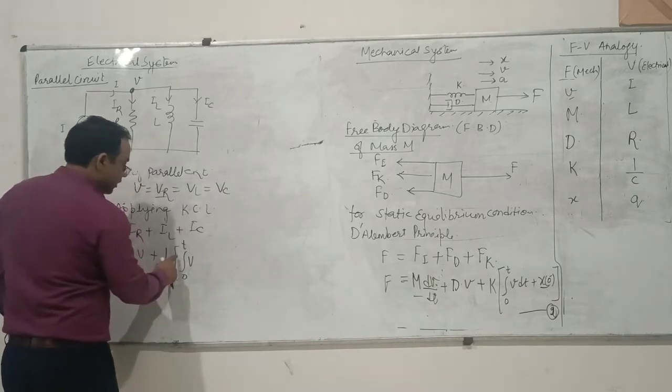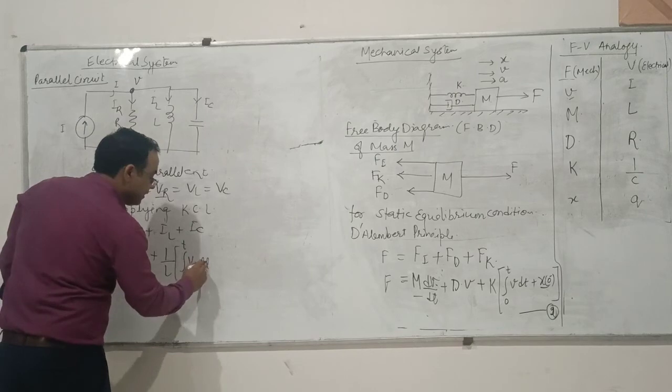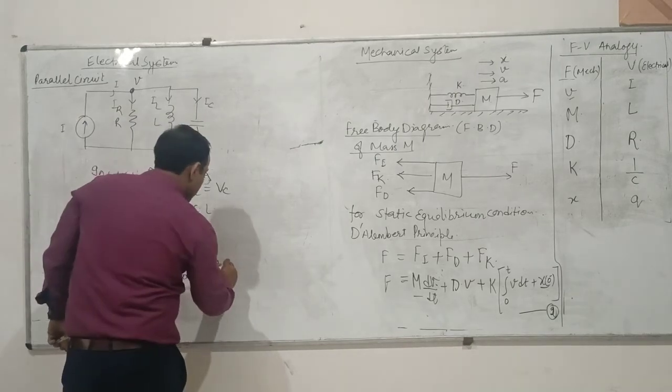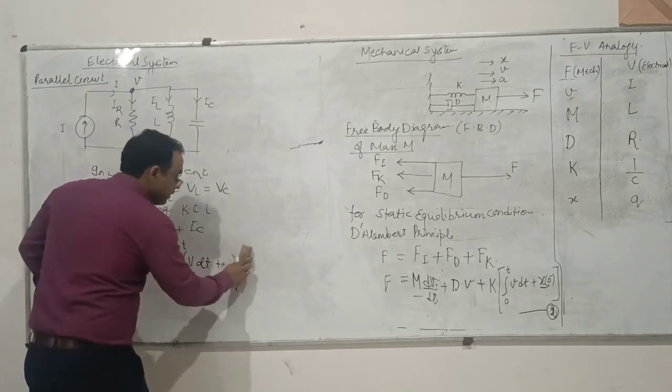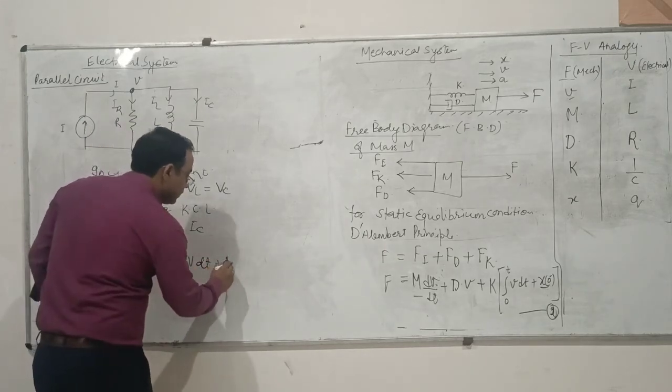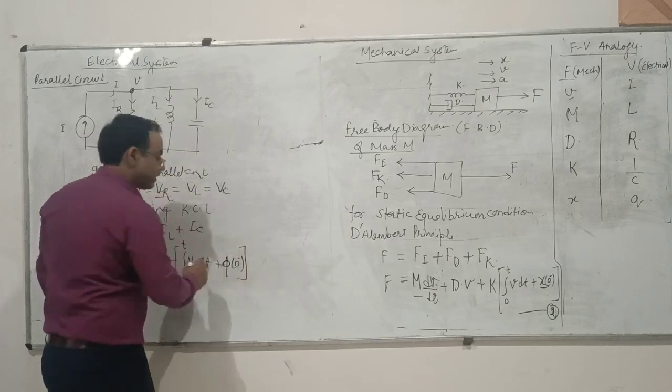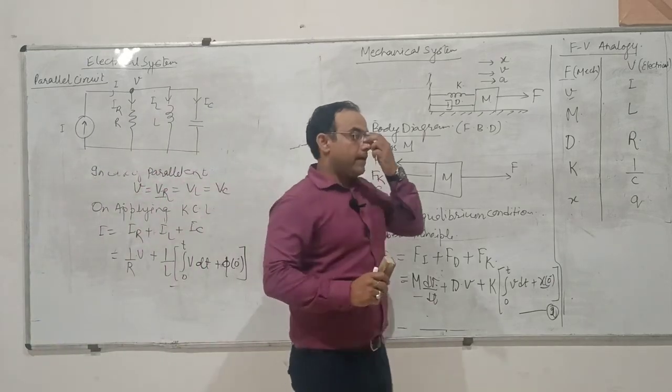So here 1 upon L integral 0 to t of V dt plus phi of 0. This is the case of inductor, so here we have the phi of 0 because the inductor stores energy in the form of electromagnetic field.